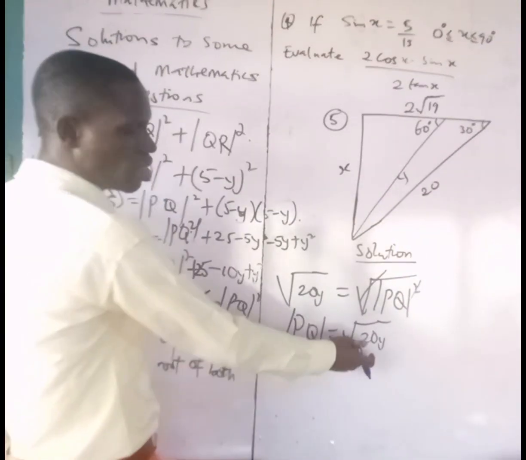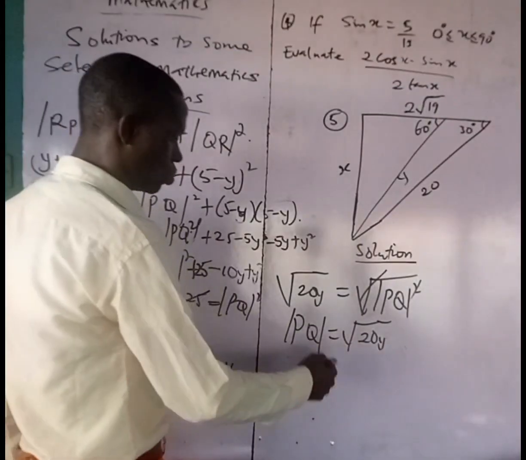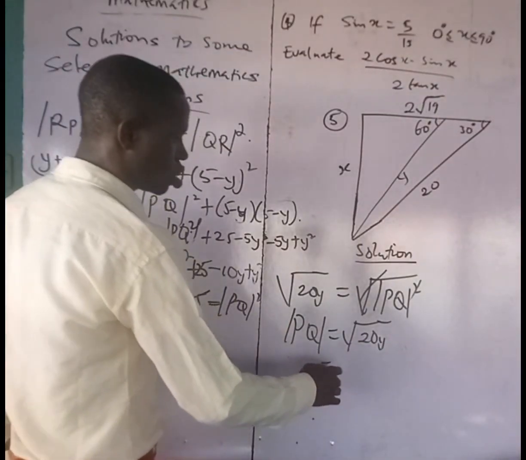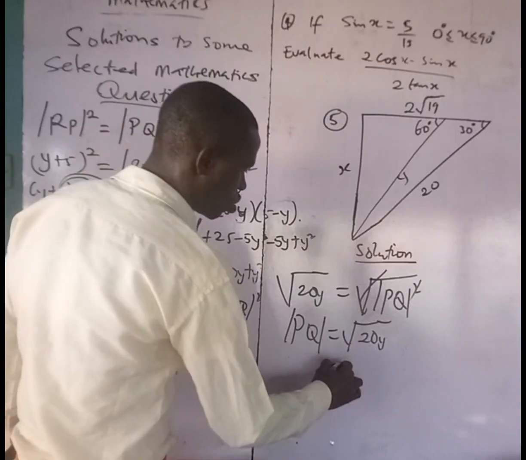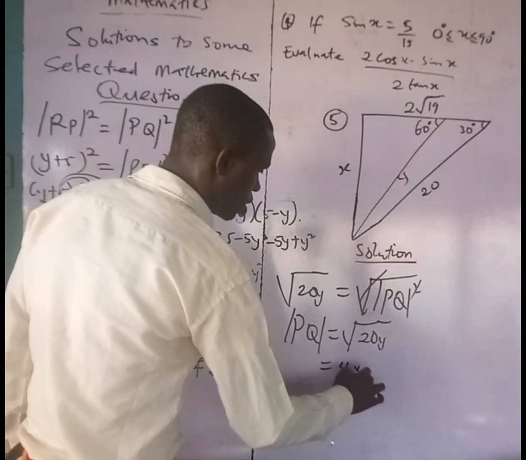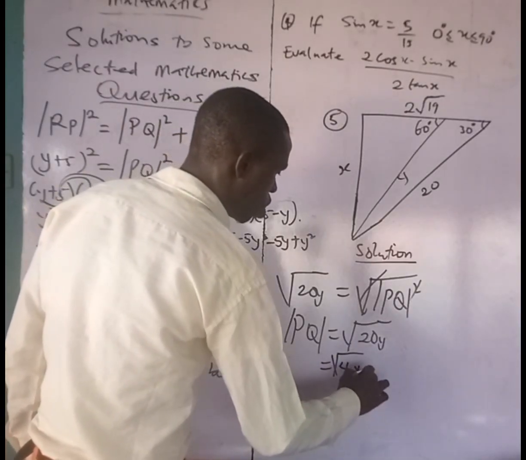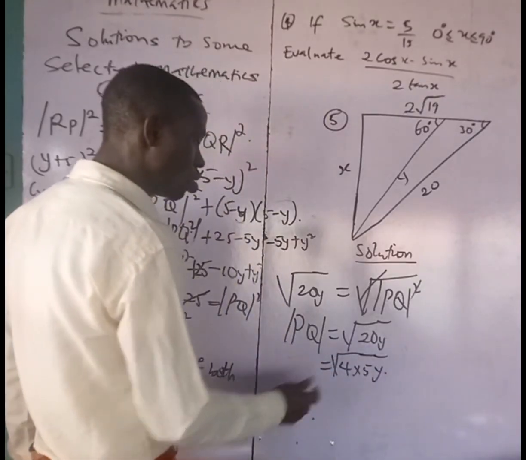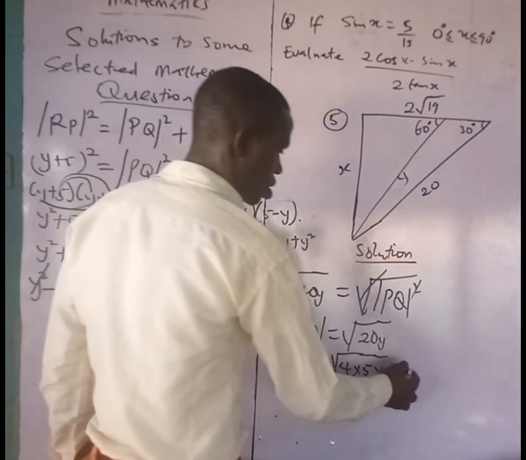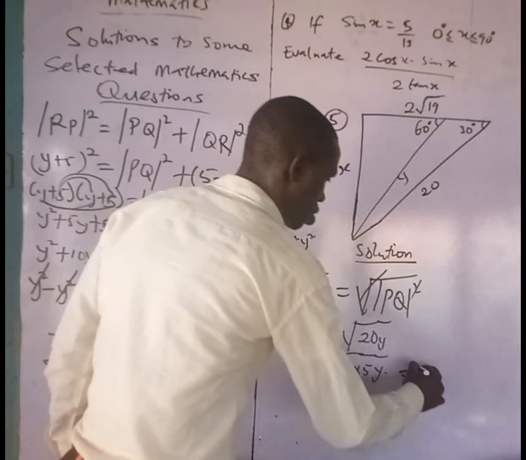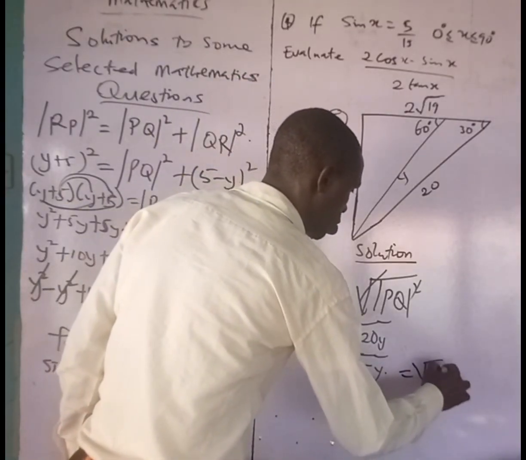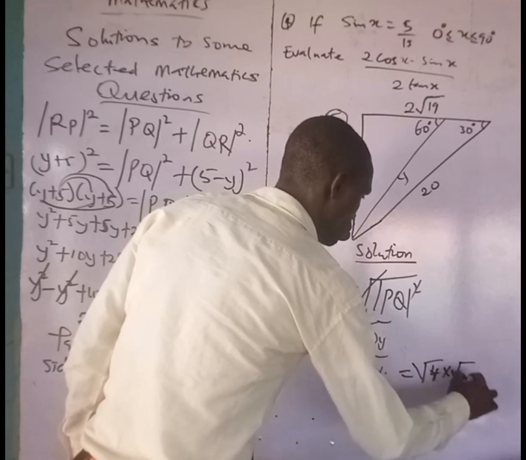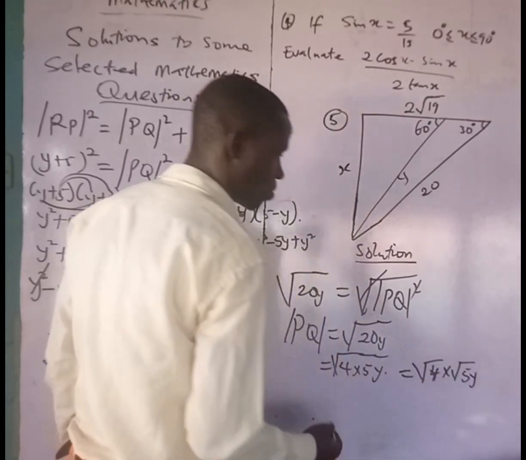So we simplify this using surd, and so that will give us what? Simplify 20. That's going to be the square root of 4 times 5y. By the time you simplify this, it is written as root 4 times root 5y.